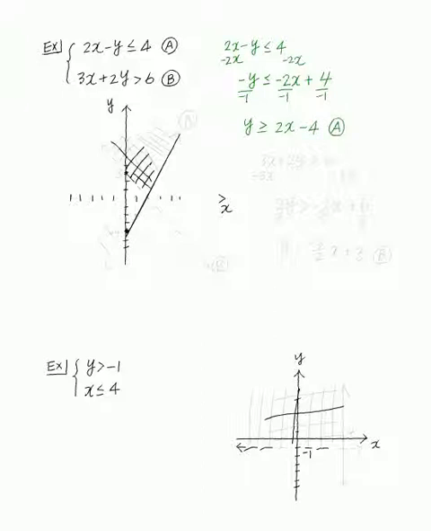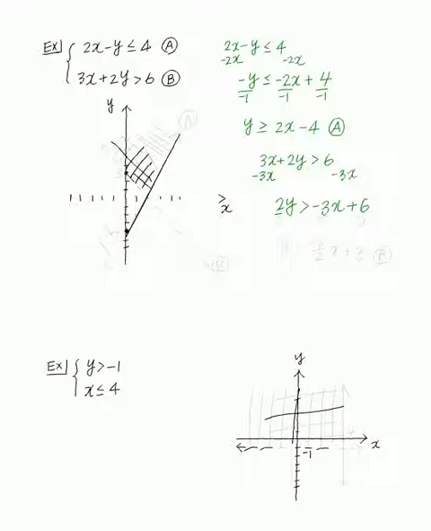So this is still inequality A. We're going to do the same for inequality B, and then we will graph them. So I'm going to start with 3x plus 2y is bigger than 6. I'm going to subtract the 3x. 2y is bigger than negative 3x plus 6.